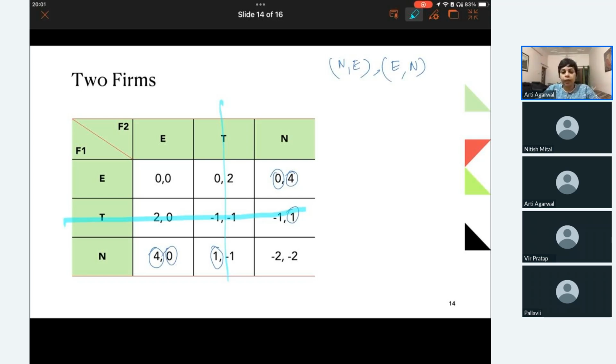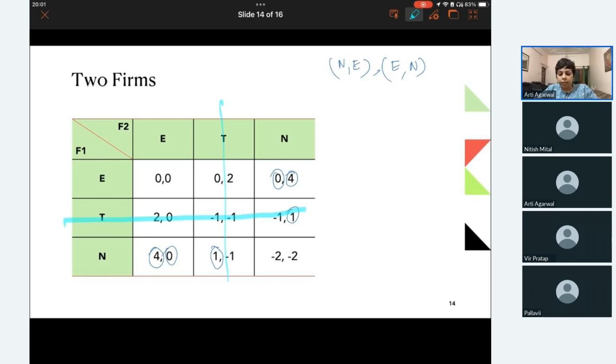It may be giving an equal payoff. Say suppose if F2 is playing T and F1 is playing, actually even then F1 is still getting the highest payoff for N, right? T is not giving a higher payoff in any scenario ever. Okay, so T can be eliminated, and that reduces this to a 2x2 matrix game.